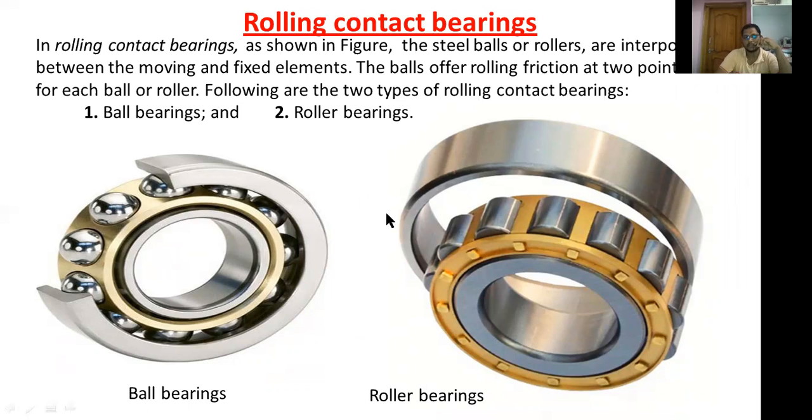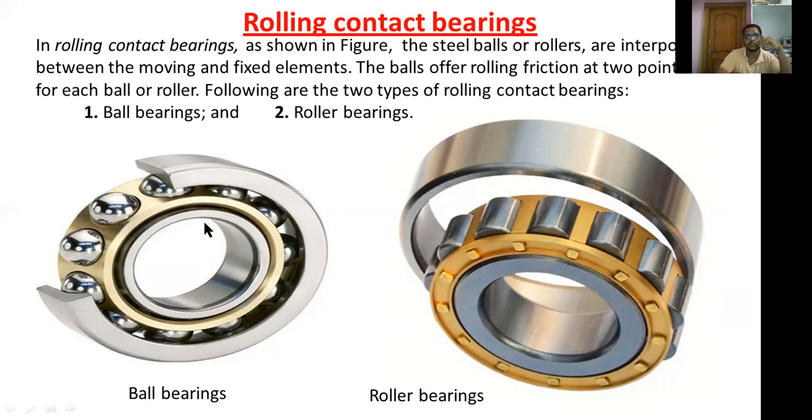These are balls, these are rollers. The steel balls or steel rollers are interposed between the moving and fixed elements. This is a moving element, this is a fixed element.